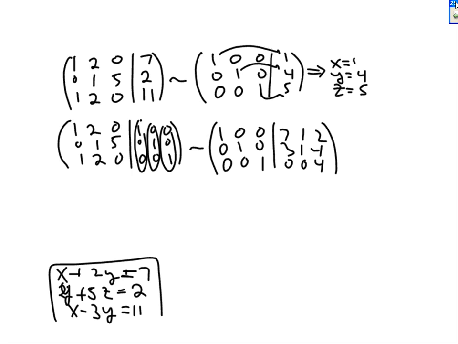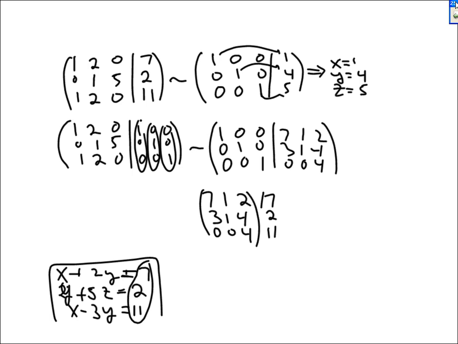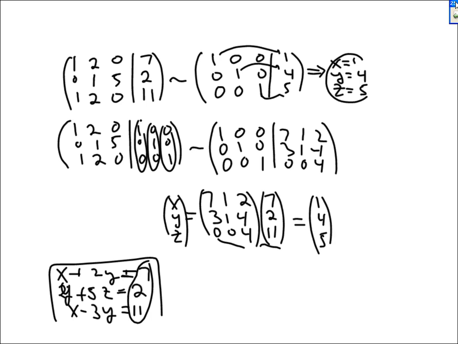But you're not done. Now you have to take the inverse and multiply it by the right-hand numbers. And whatever you get will be x, y, z. When you multiply these two, if I had the right values, you would get what we got earlier, 1, 4, 5.